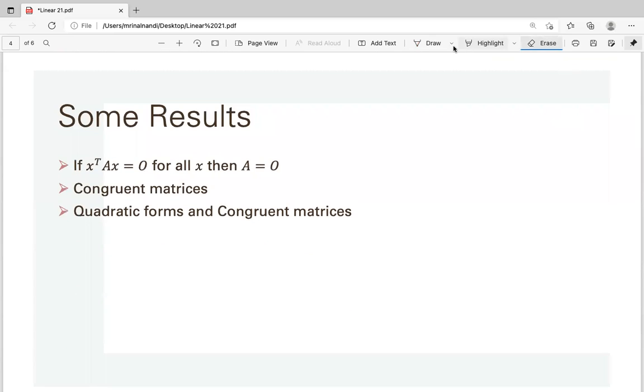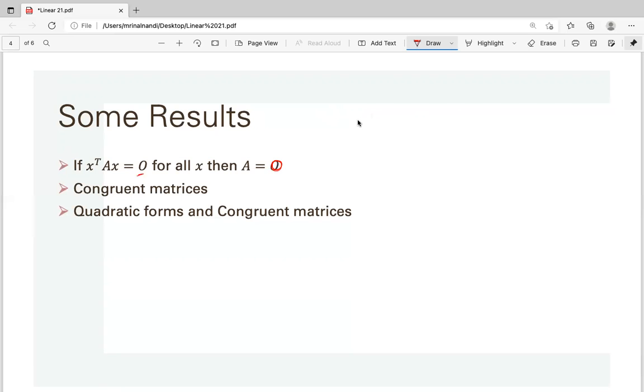One important result for this quadratic form is this: if x transpose Ax is 0 for all x, then A is the null matrix. So it is null matrix basically, not 0. This is 0, this is a real number. So if this is true for all x, then A is null matrix.